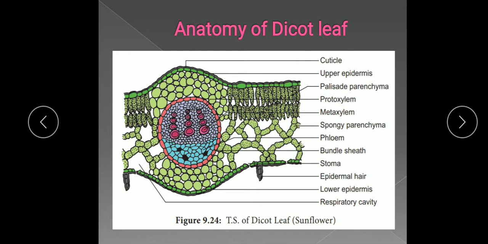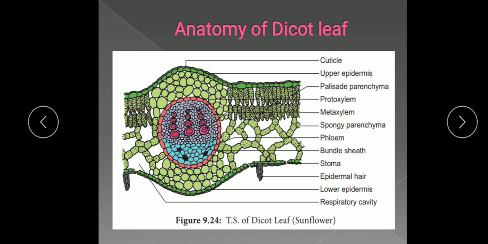So there are differences between the dicot and monocot leaf. I will summarize here. In monocot leaf, the upper and lower epidermis are not differentiated. In dicot leaf, the upper and lower epidermis are clearly differentiated. The reason is that in dicot, the lower epidermis has a thin cuticle as well as more stomata, while the upper epidermis has very few or no stomata and a thick cuticle.